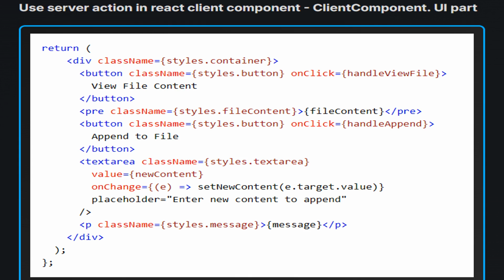Another button labeled appendToFile that invokes the handleAppend function when clicked, allowing users to add content to the file. 5. A text area that allows users to input new content with its value bound to the newContent state and updates the state on change. 6. A p element that displays a message, indicated by the message variable. This UI component facilitates file content viewing and modification through user interactions.